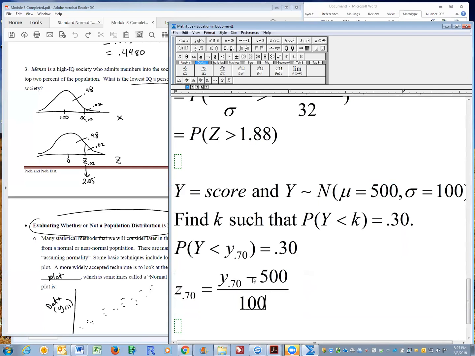Effectively, I want to solve this equation for y sub 0.70.